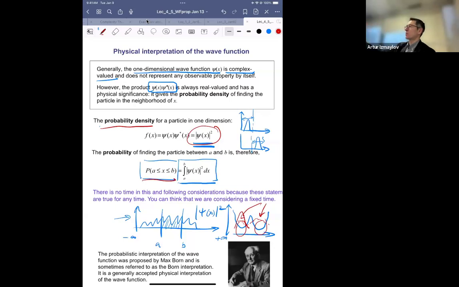We will talk about spin later, but the algebra is somewhat different, because for spin you have only two states. Here you have an infinite number of states, because the wave function can be pretty much anywhere, while spin has only two states and the superpositions of those.